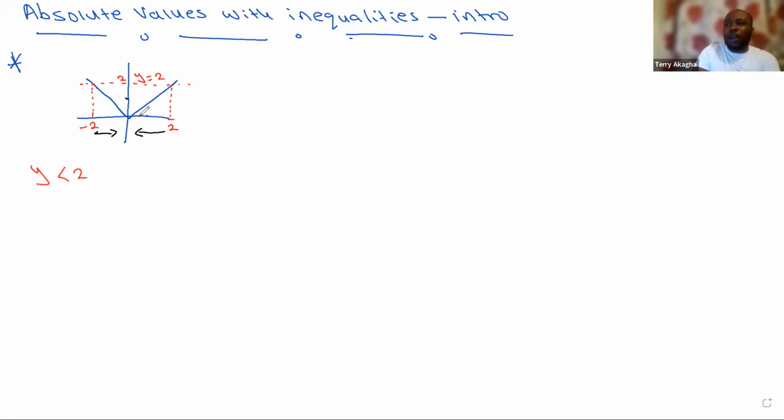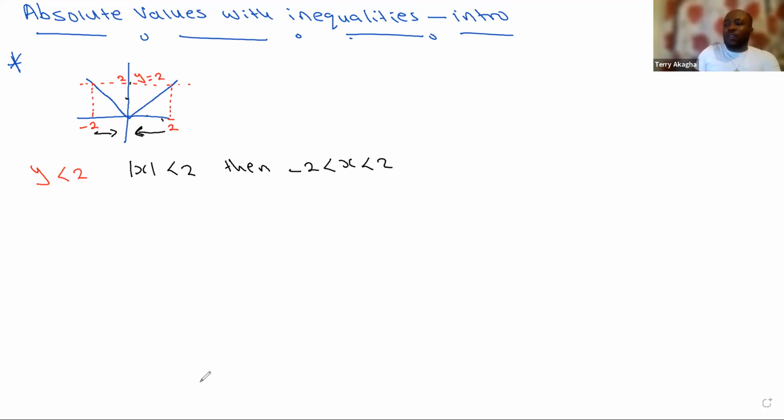If it's 0.5, here and here, the answer is going to be within this region. So we can now say that if the modulus of x is less than 2, then the answer will be greater than -2 and less than 2. If it's less than, all the possible values are going to be within this region, less than 2.